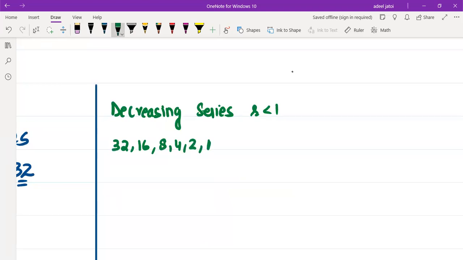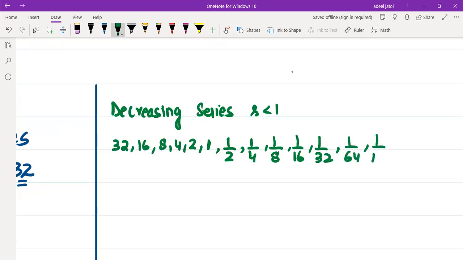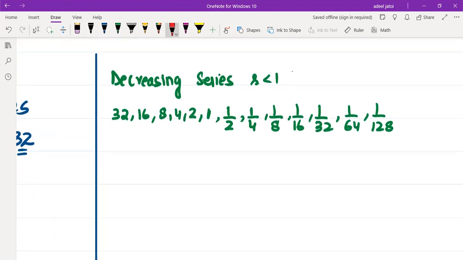If we multiply the next term by half, what we will have is 1 upon 2. Then we will have 1 upon 4, then 1 upon 8, 1 upon 16, 1 upon 32, 1 upon 64, 1 upon 128. I think that is enough to make sure that you understand the concept. Now, from here till the 6th term, you will have the sum of what?